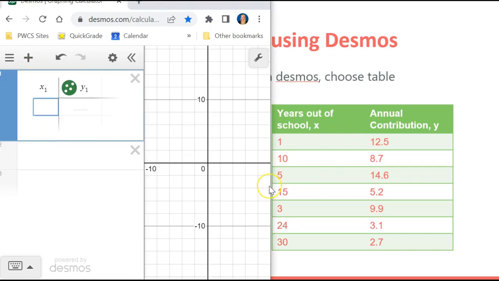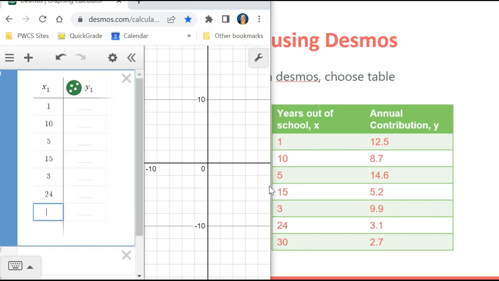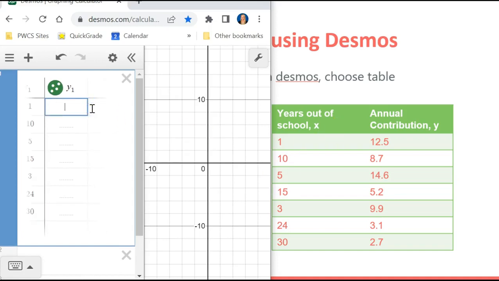And I'm just going to type in these numbers. So 1, 10, 5, 15, 3, 24, and 30. Okay, and then over here, the y values are 12.5, 8.7, 14.6, 5.2, 9.9, 3.1, and 2.7.